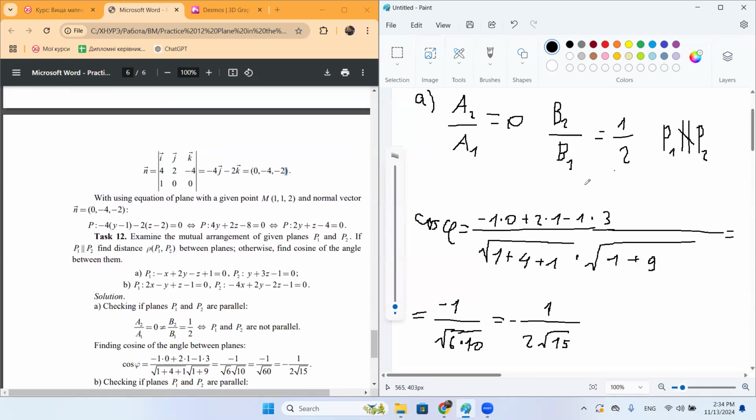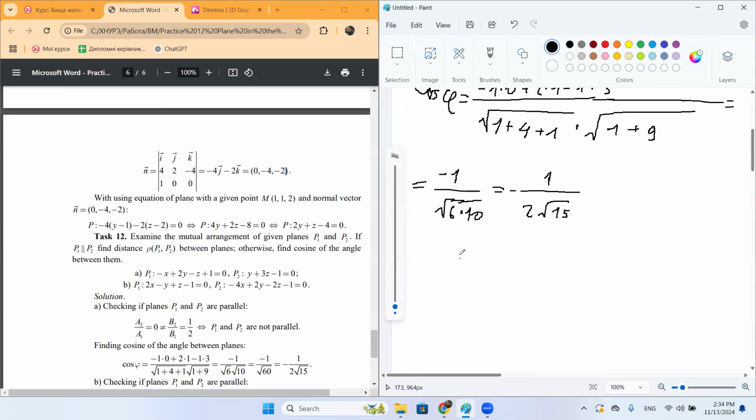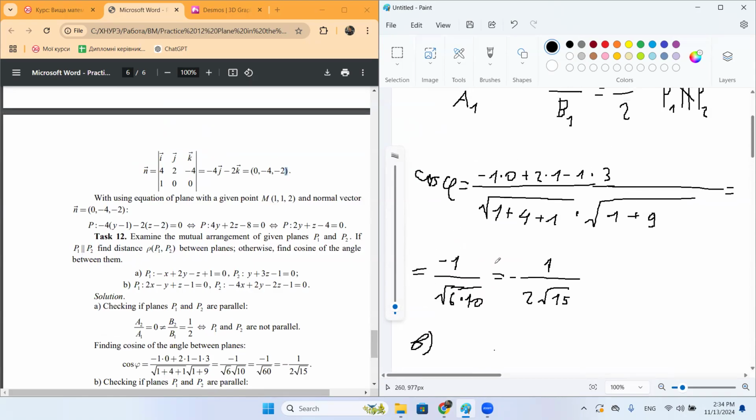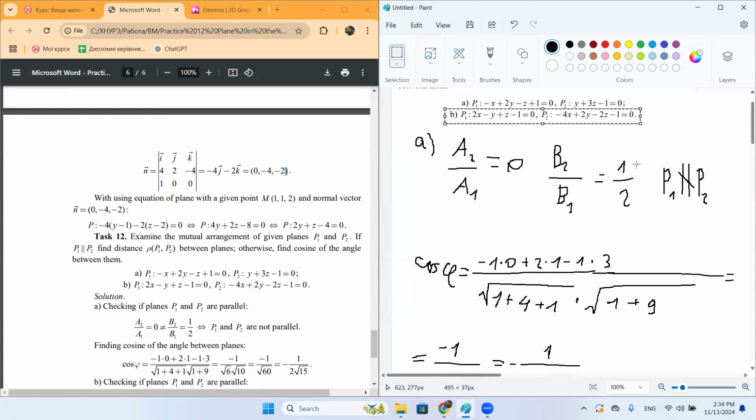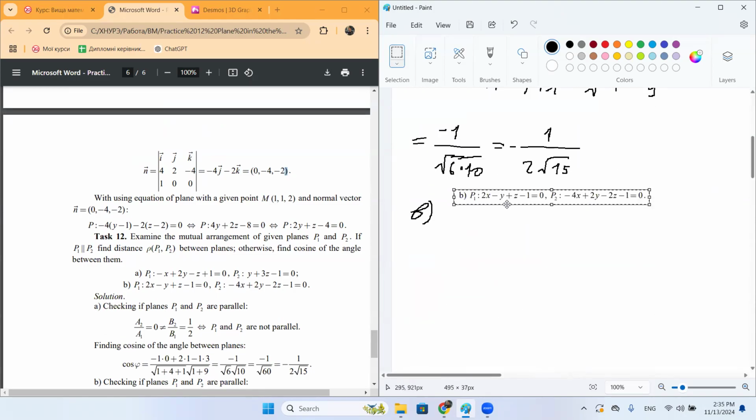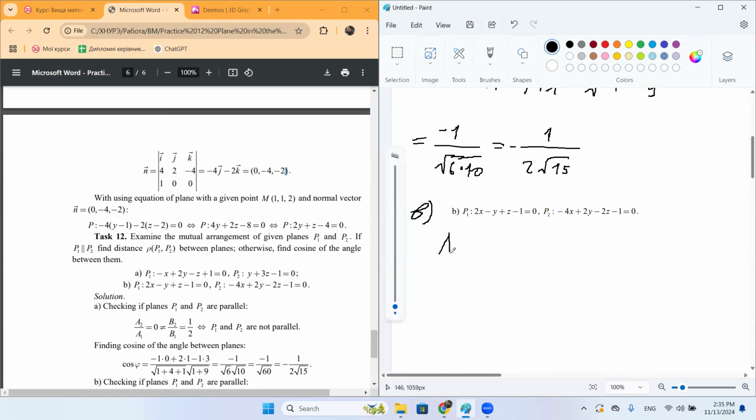Any questions about this task, about part A? No questions. Okay, let's move to B. A1 by A2 equals minus 1 second.